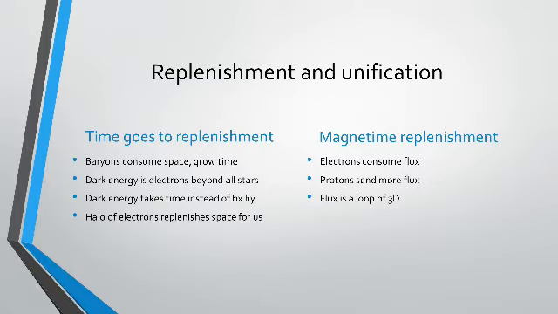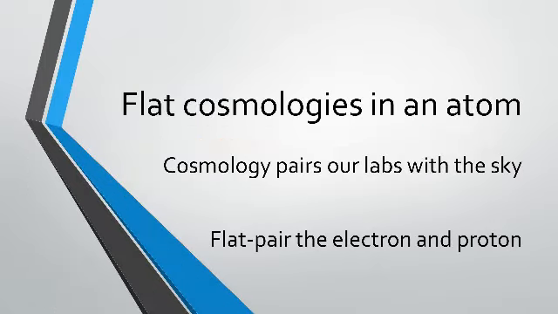There is just a concluding remark I'd like to make before I sign off for today about these flat cosmologies in an atom. I'm not the first one to say this kind of thing. There's a copyrighted book that I cannot show you here, which was written by Katsuaki Sato and Eiji Saito, and it's a Wiley series for materials.